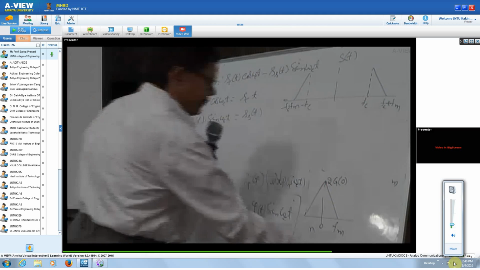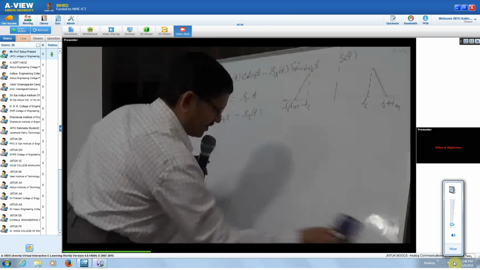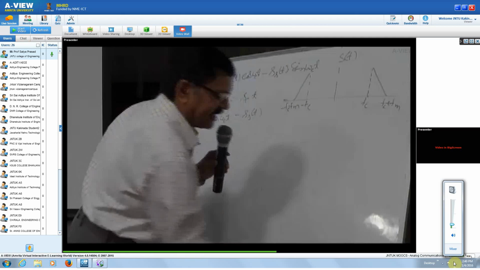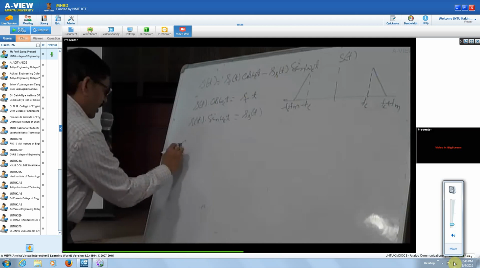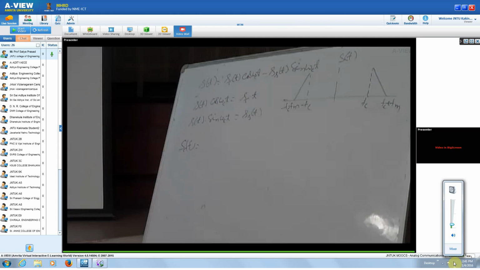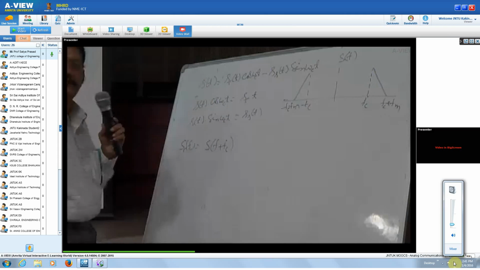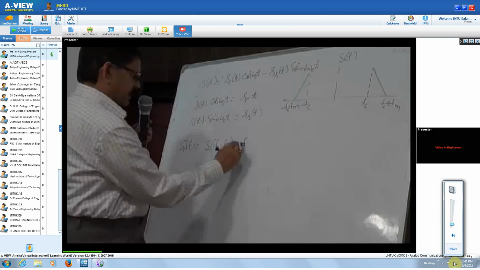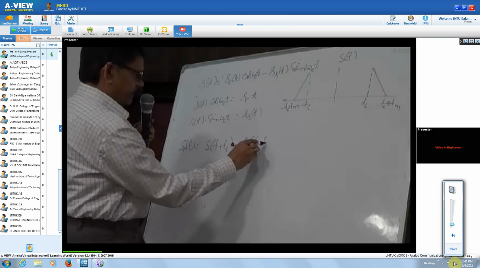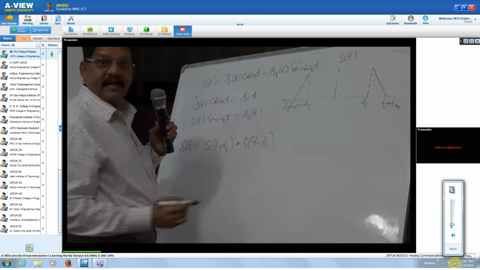So what is Sc of t? S of t multiplied with cos omega ct. Therefore, what will be Sc of f, the frequency domain representation of the in phase signal? S of f minus Fc plus S of f plus Fc, at what points?